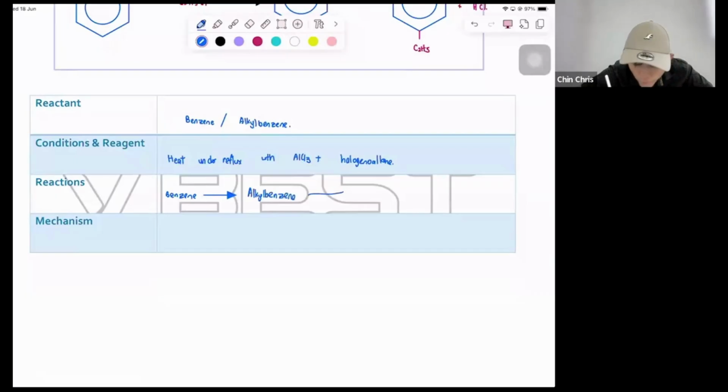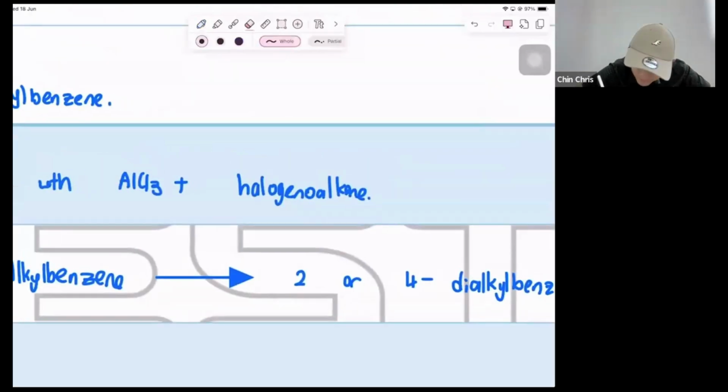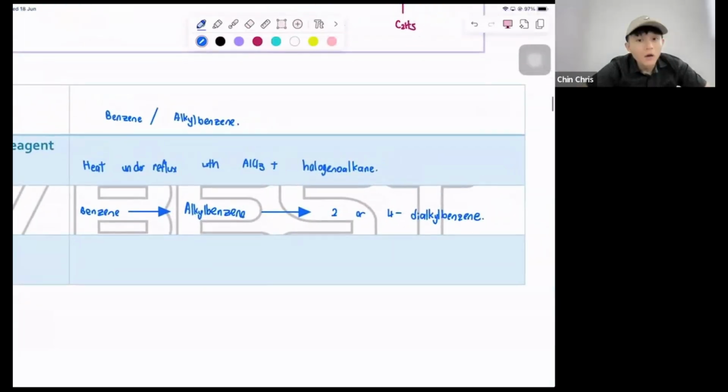If you were to further substitute it, you are getting either a 2 or 4 di-alkyl benzene. Alkane, K-A-N-E. Alright guys, remember, if you are substituting anything on the ring in the benzene, it's always electrophilic substitution.